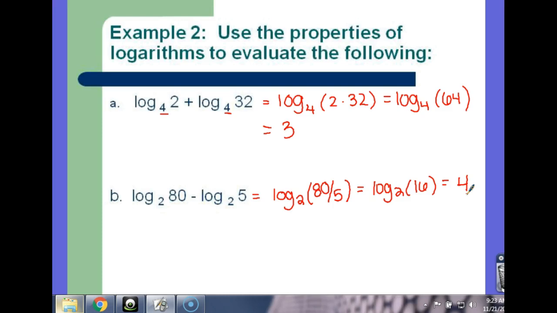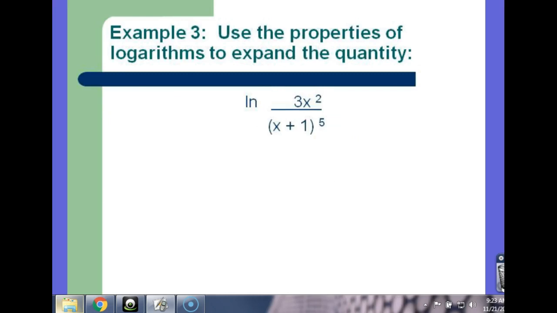So this is kind of like what we call contraction. We took a long logarithm and we shrunk it into a singular logarithm. We can do the opposite of that, which is to expand a logarithm. So right now we have the natural log of all of that.